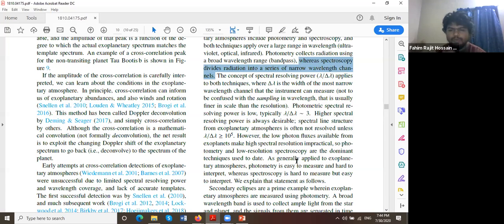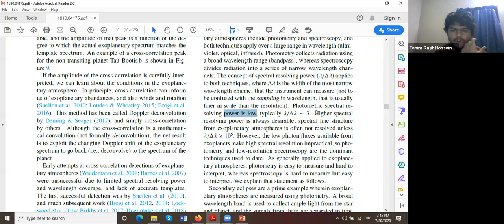In both photometry and spectroscopy there is the matter of spectral resolution, and in photometry the spectral resolution is very low, as this paper mentions. For atmospheric science, or detection of atmospheric species, we need high resolution data.